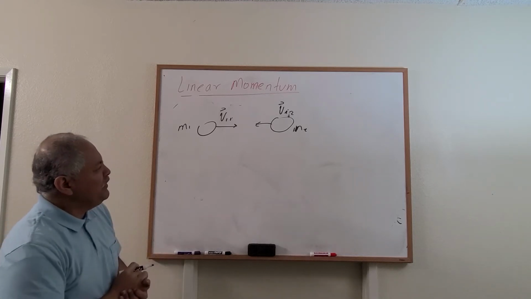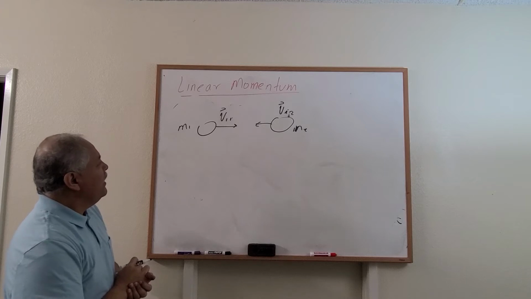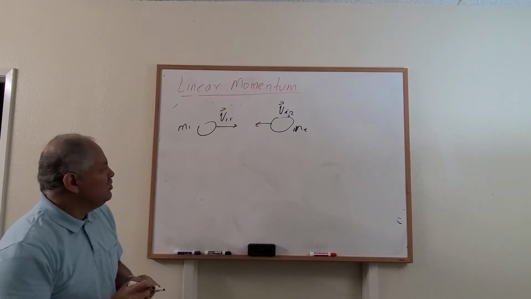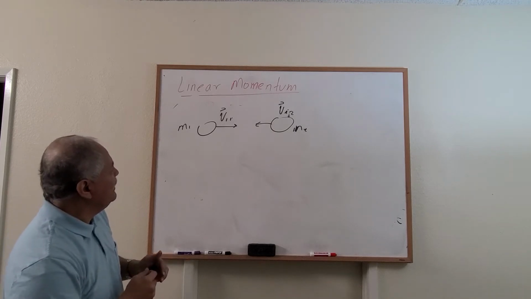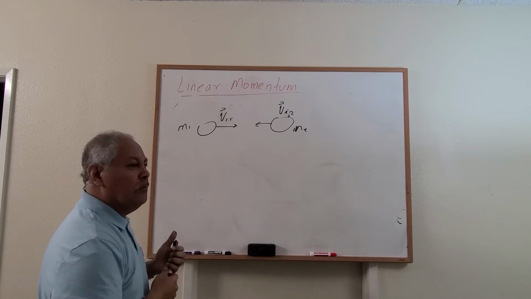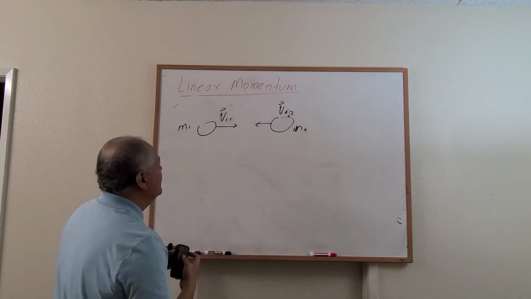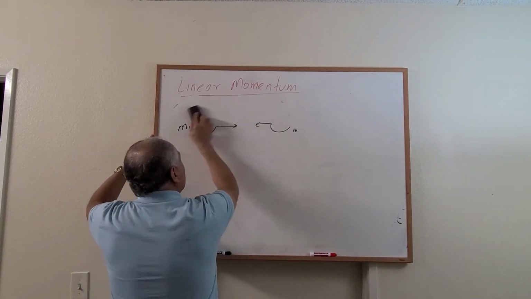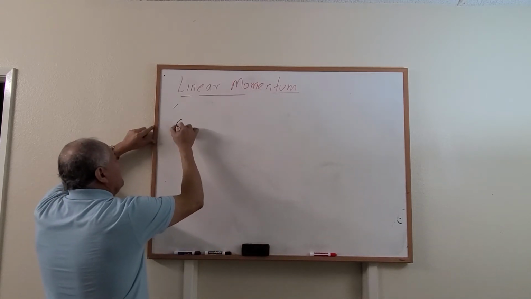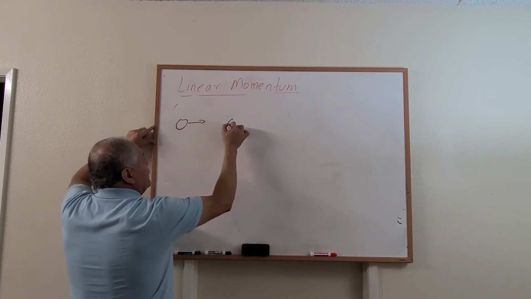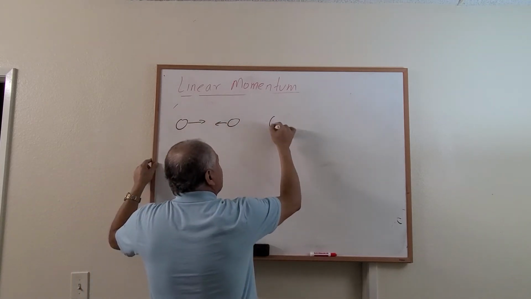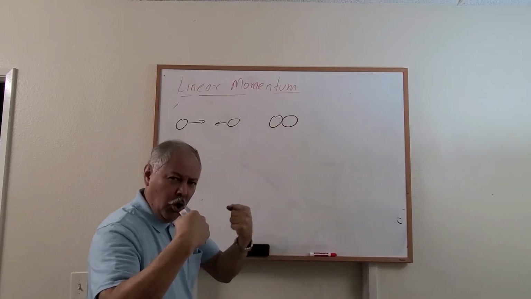Now let's see how we define the conservation of momentum. Well, in this way. I think I need more room. Okay, let me do it this way. Look, at the beginning we have these two masses that are supposed to collide. And then what happens when they collide? Well, they are making contact.